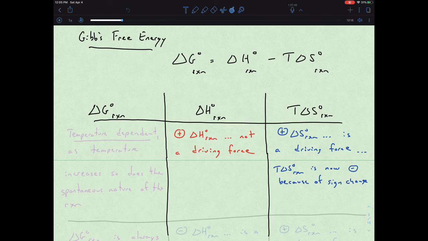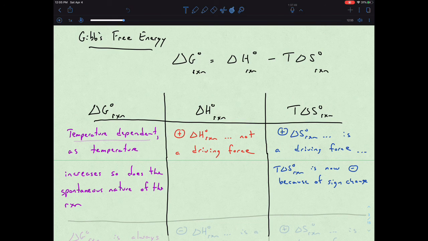And that means for delta G that this is temperature dependent. As temperature increases, so does the spontaneous nature of the reaction, right? We're trying to weigh out two things here.